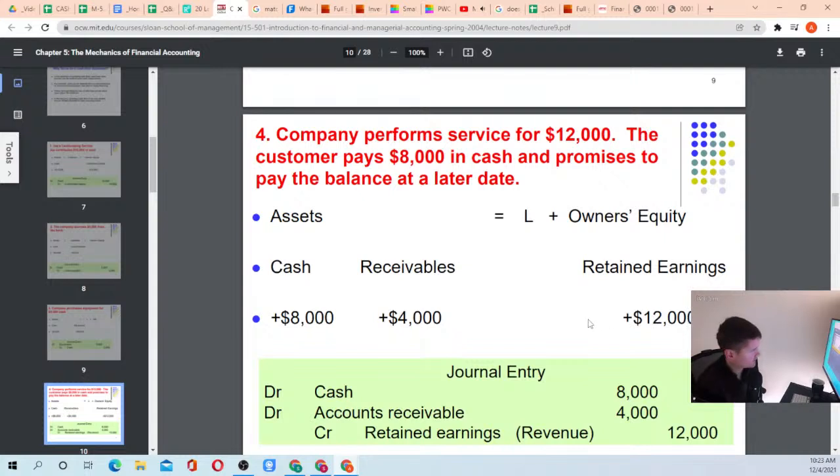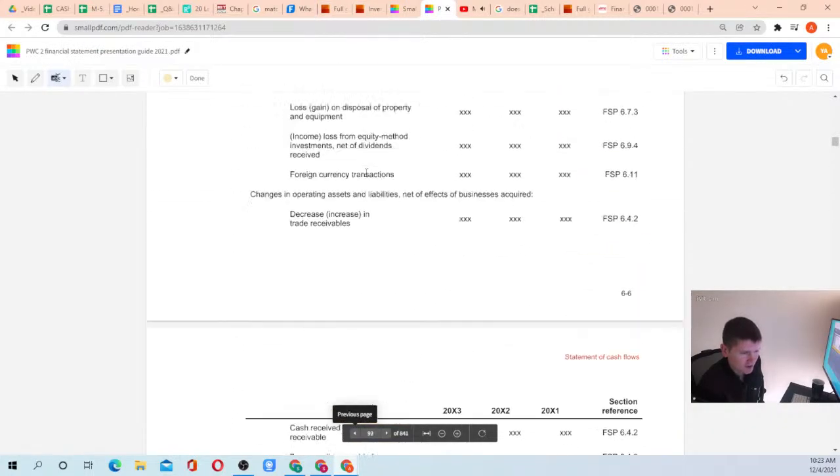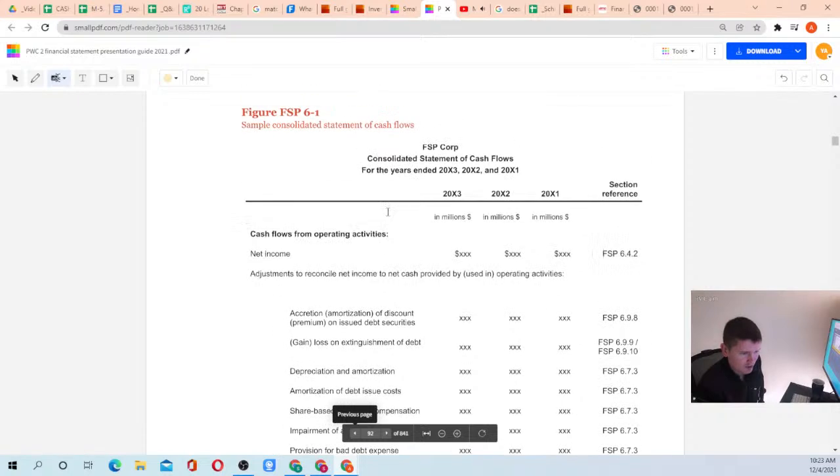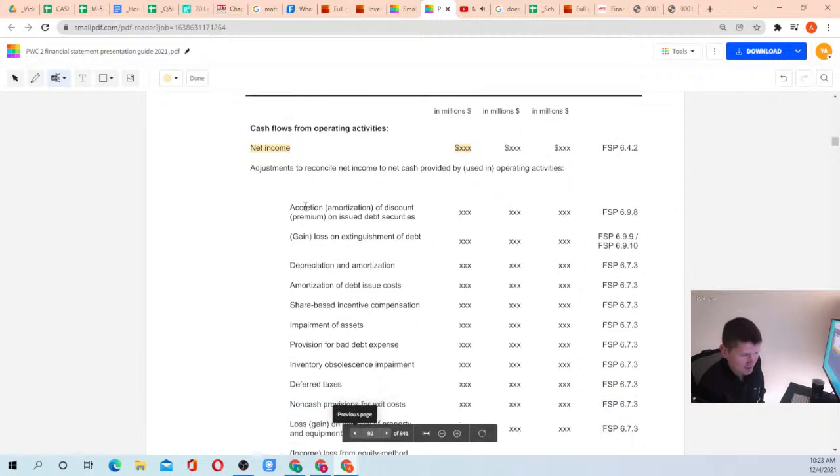As you might have guessed, this is where we have operating activity. And for operating activities, our revenue will reflect in our net income here. So we have net income here.